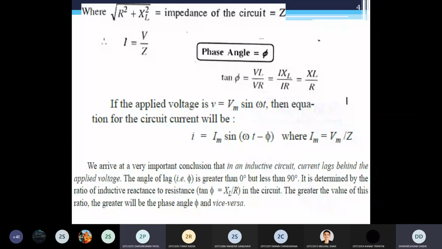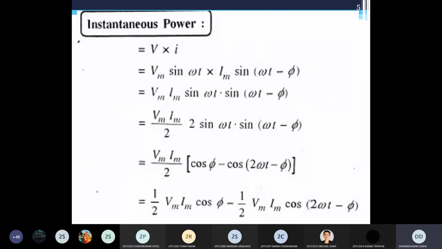Sir, half Vm Im cos phi minus Vm Im cos 2 omega t minus phi. Please repeat again. Half into Vm Im cos phi minus Vm Im cos 2 omega t minus phi. Okay. So how to find this?